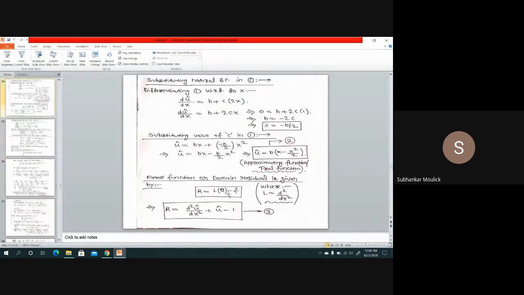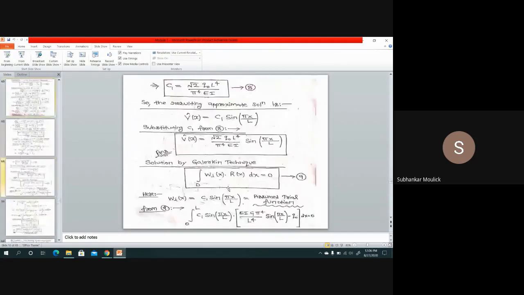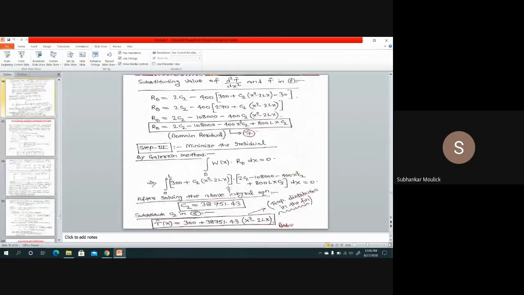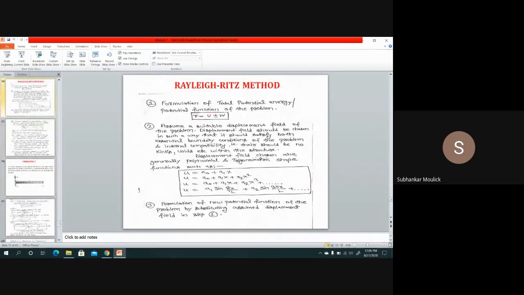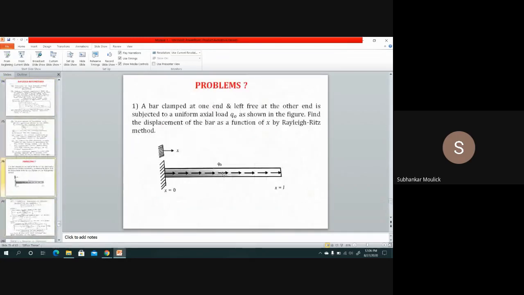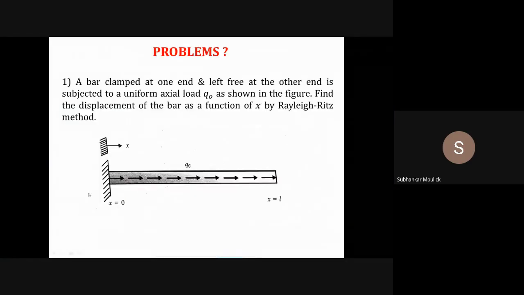Clear? And you have to also identify the essential and natural boundary conditions of the problem. So can you tell me the natural and essential boundary conditions for this problem by looking at the diagram?